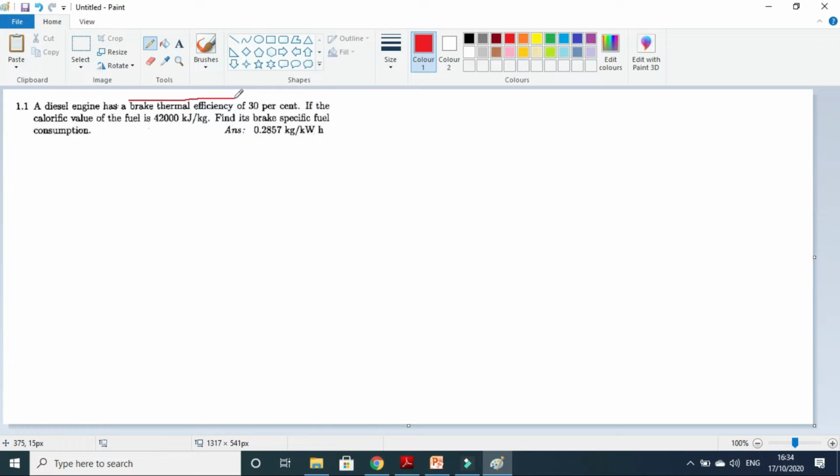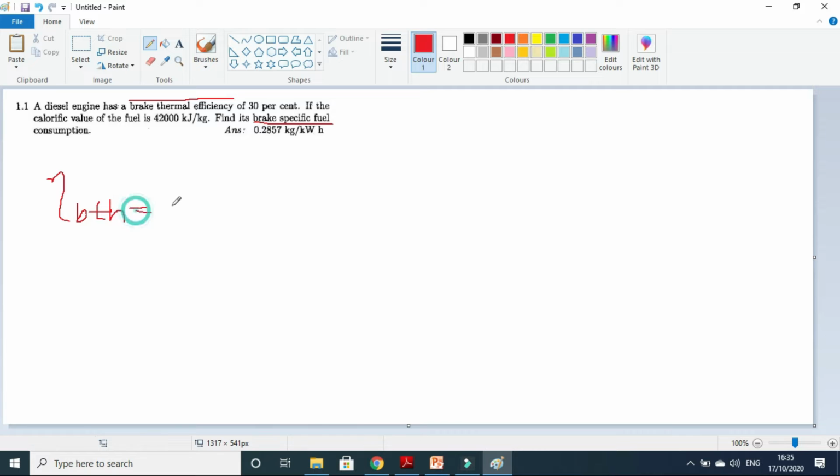So I should know the formula for the brake thermal efficiency, and I need to find the brake specific fuel consumption. If I know the formulas for the brake thermal efficiency and specific fuel consumption, then I can solve this numerical.